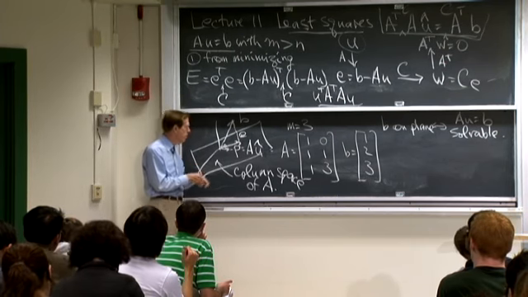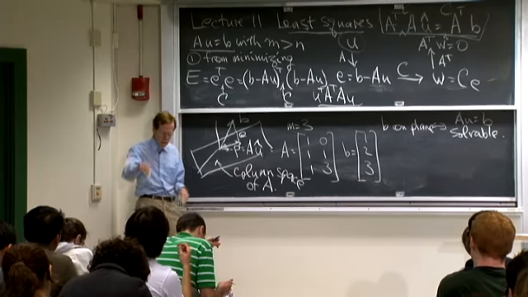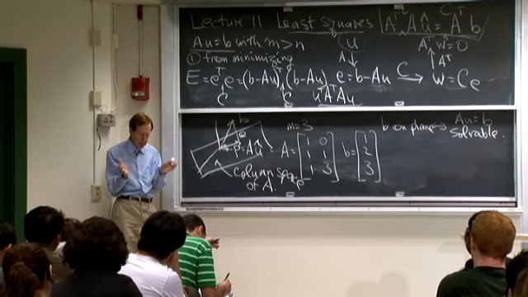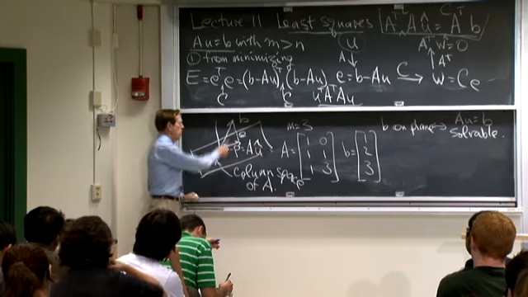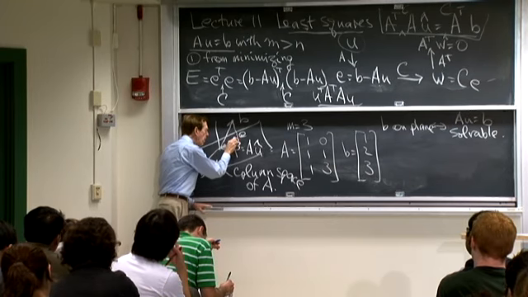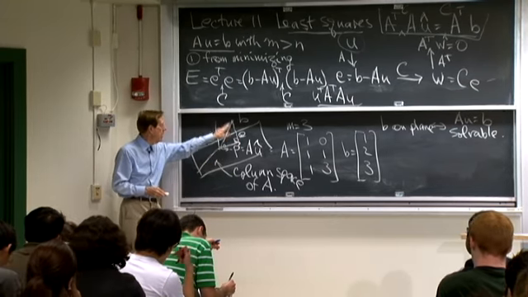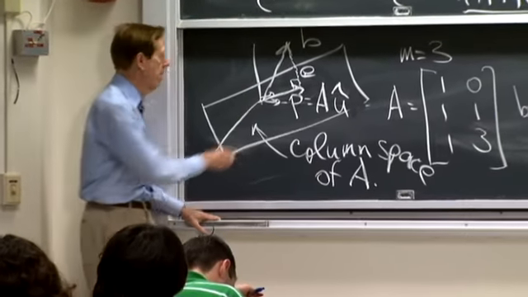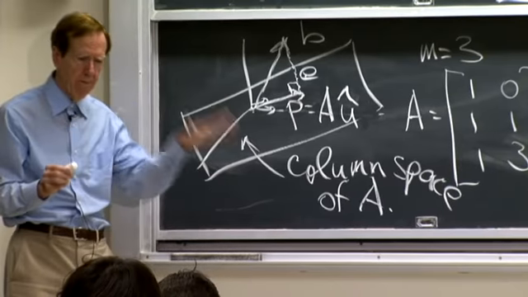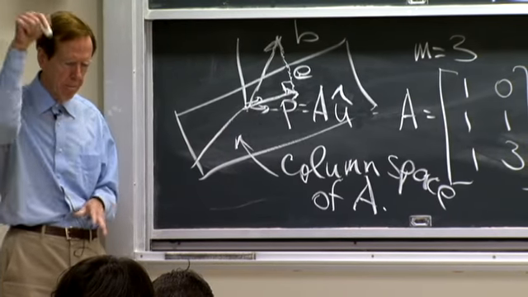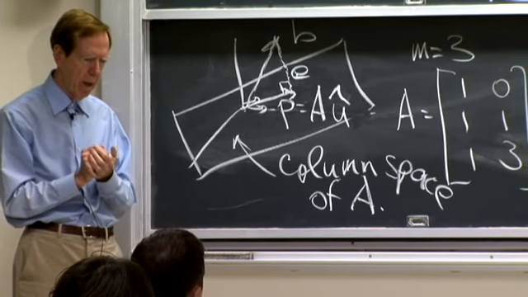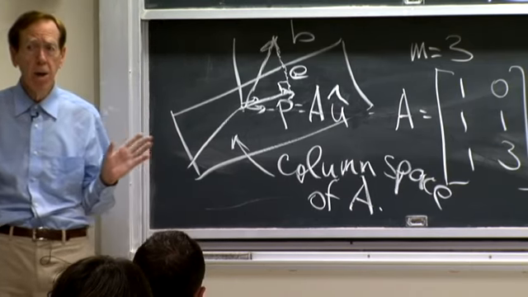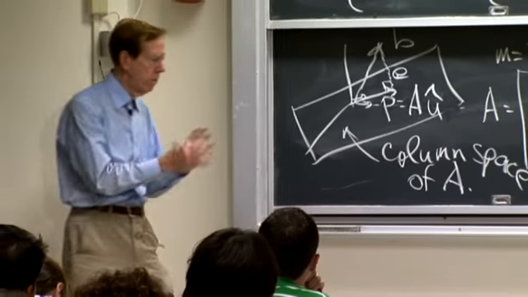If I'm looking for the closest point, everybody knows that's what projection involves. Go perpendicular. This is a right angle. That E is perpendicular to the whole plane. Not only perpendicular to P, it's perpendicular to everybody in that plane, right? I'm dropping the perpendicular to the plane. Do you accept that?